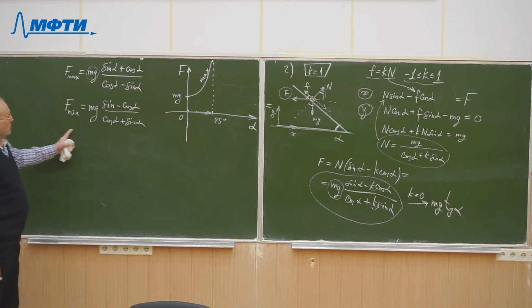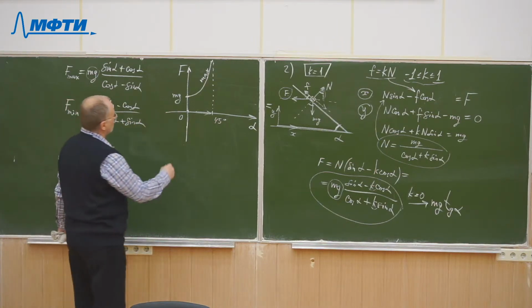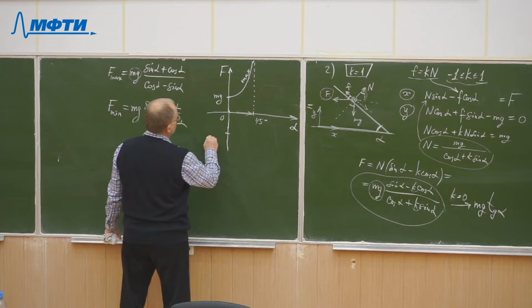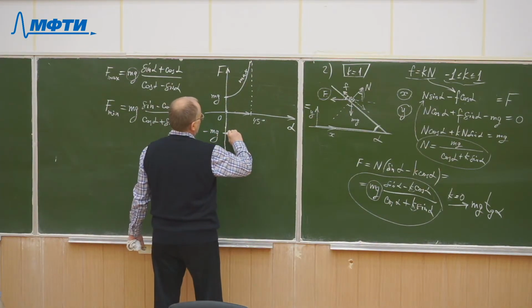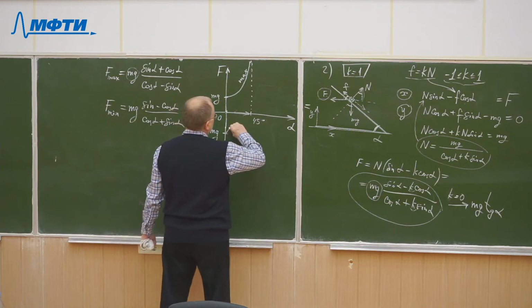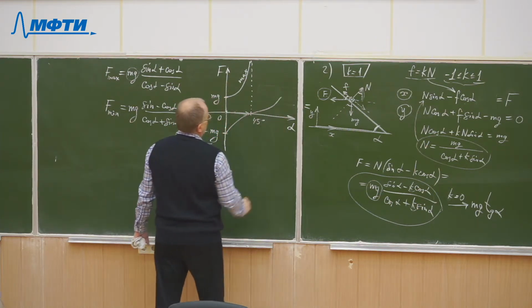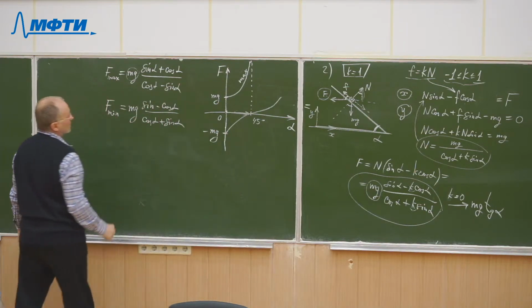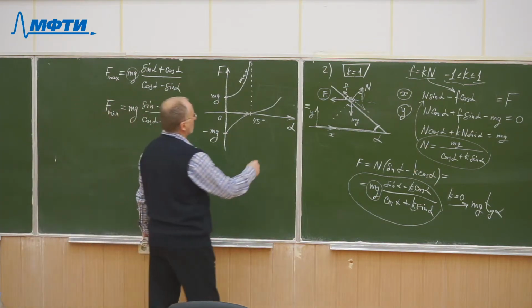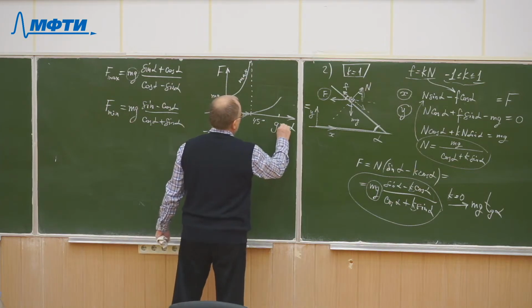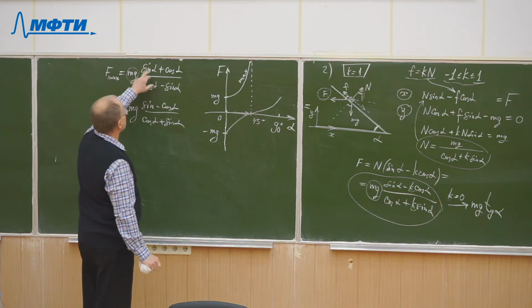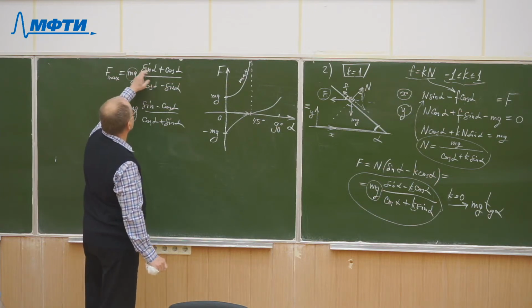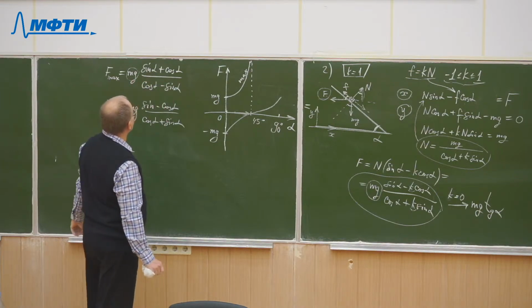And you can also draw a graph depicting the minimum value. The minimum will start from minus mg, and it will go something like that. And if alpha tends to 90 degrees, then sine equals 1 and this is 0.